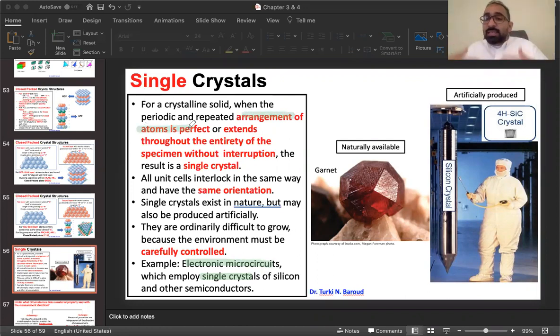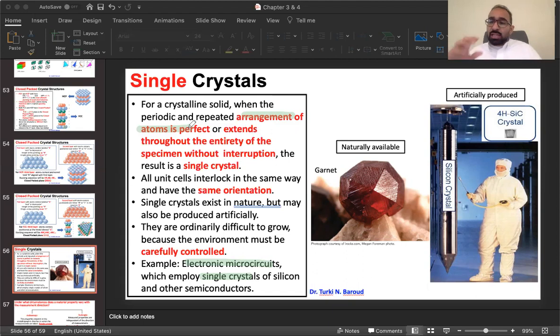The periodic arrangement of atoms in all directions is not interrupted by any impurities or defects.